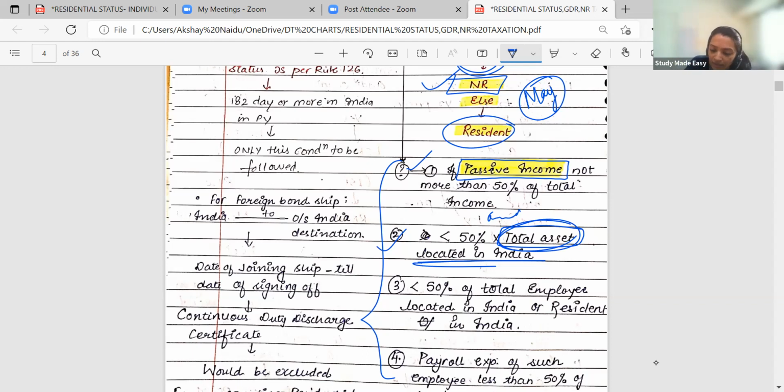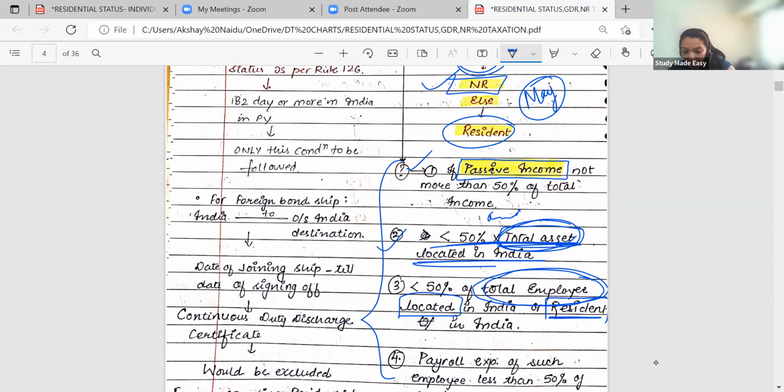So that's why they are saying if less than 50% is located in India, then we will consider yes, you are having active business outside India. Similarly, out of the overall total employees, if less than 50% are located in India or less than 50% are resident in India, both the words, if they are located, then also you have to count.